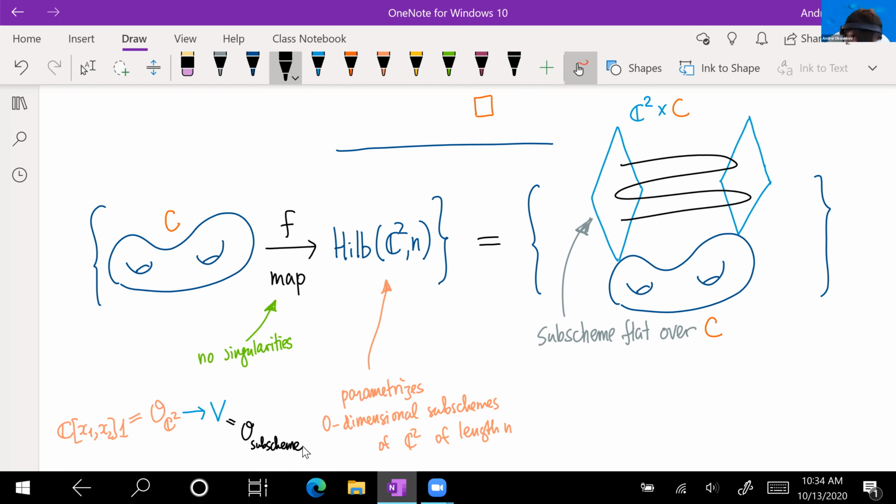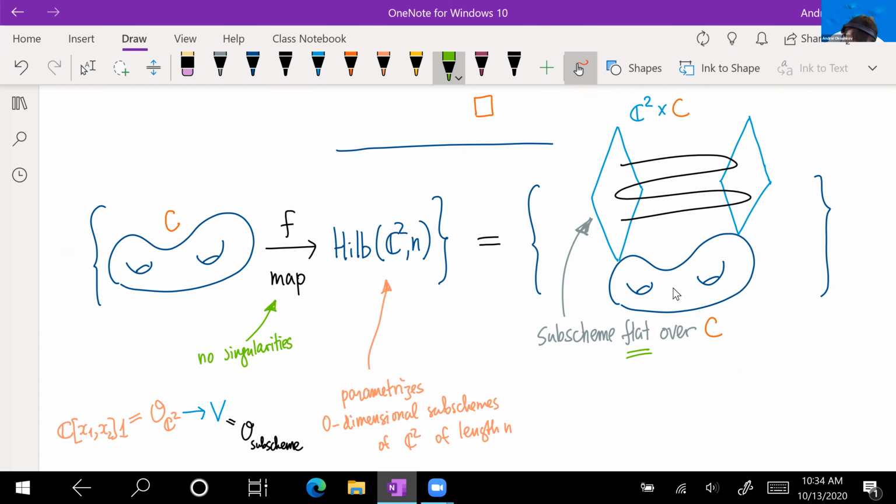And so now if I have a map to that, that means I have a flat family over the corresponding C. In terms of quiver data, it means I now have all these maps in sheaves over my C, but in quiver data it has to be stable at every point, and in terms of subscheme it means it has to be an actual subscheme, but being a regular map. This means that that object has to be flat over C. Flat for a subscheme means it's a limit of every point.